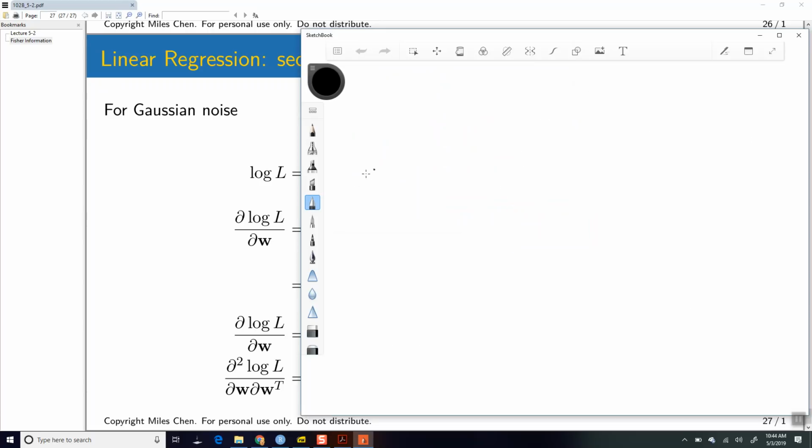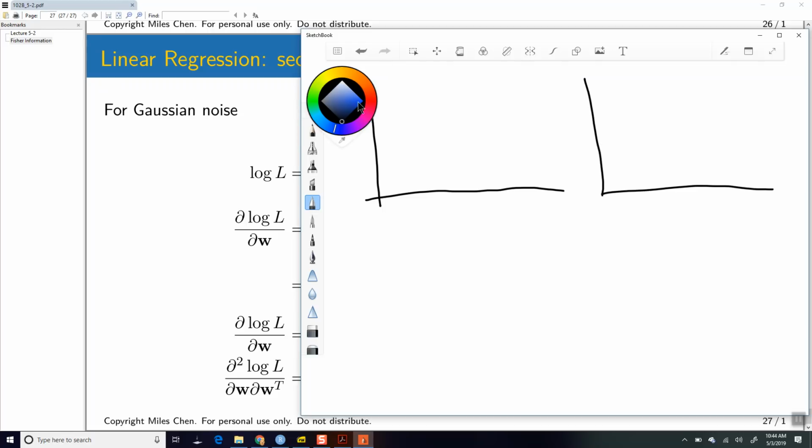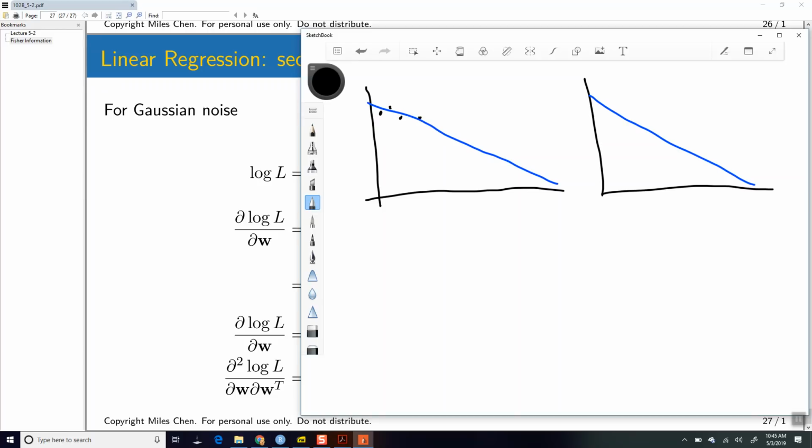The idea being, let's say you have one plot where we've got very little noise, and then over here we've got something like this.